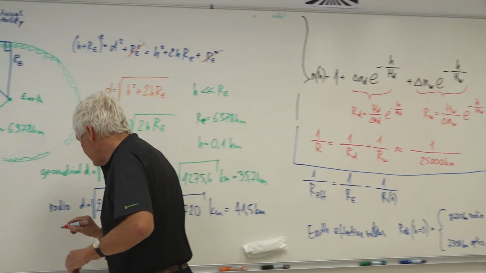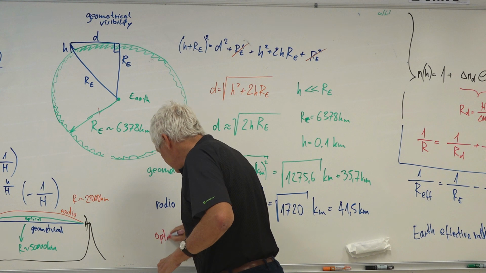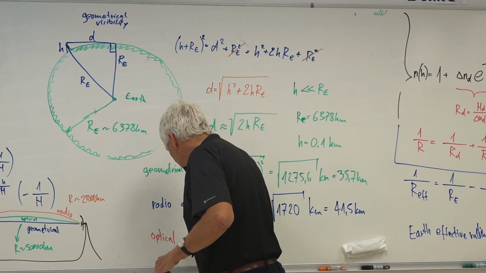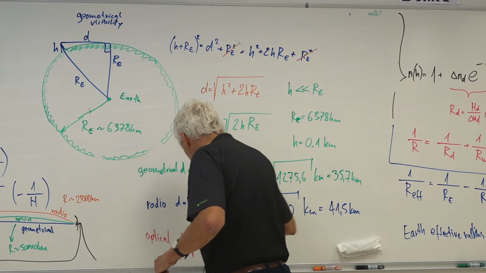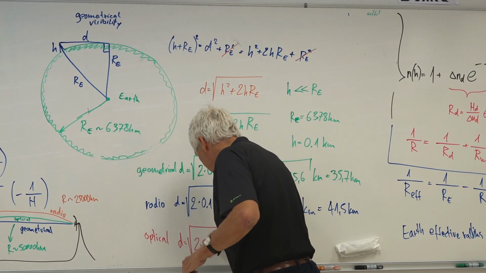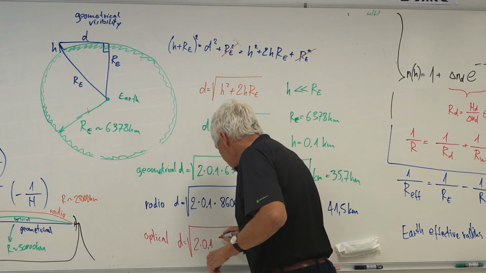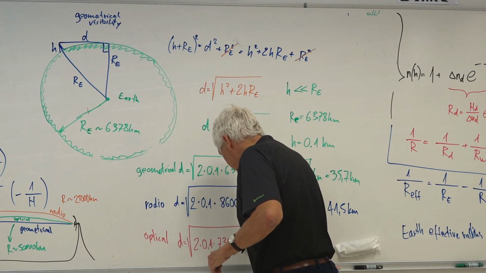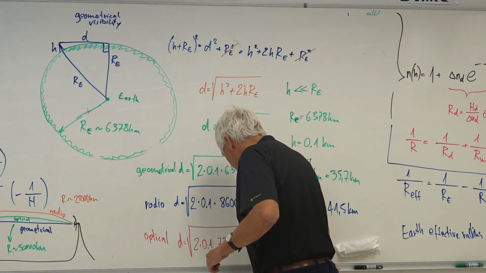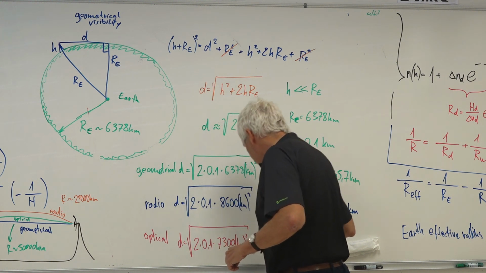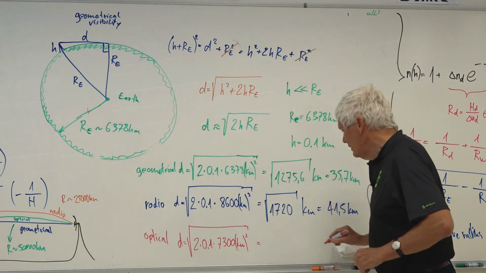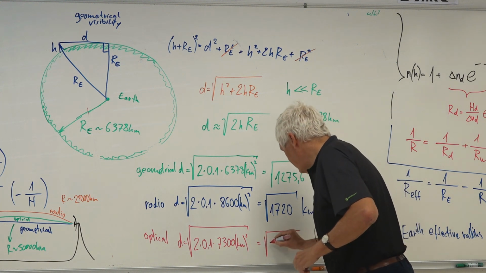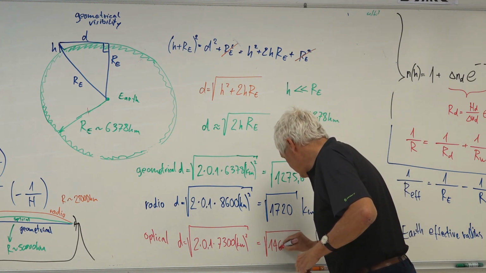So if I draw here optical, I try now with d is twice 0.1, that's my tower size or observer height, times 7300 kilometers squared. This is now the square root of 1460.